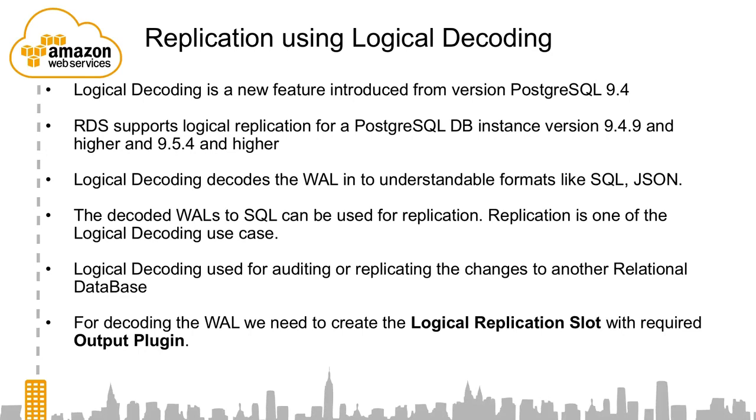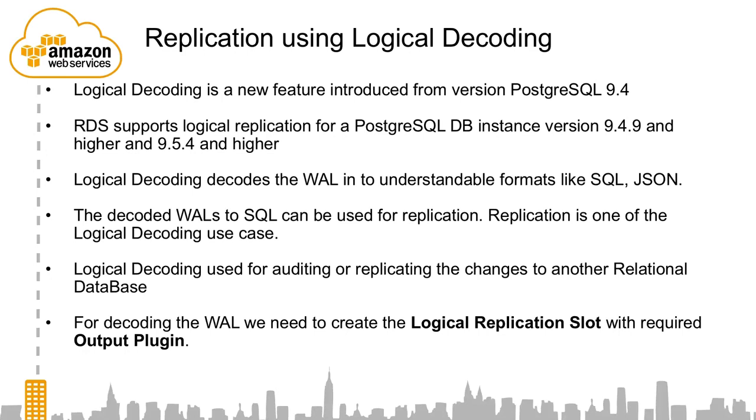The decoded WALs will be replayed on the slave database in SQL form. Logical decoding can also be used for auditing purposes, to keep track of the changes made on a particular table. Or you can also use it to replicate to another relational database like MySQL or Oracle.